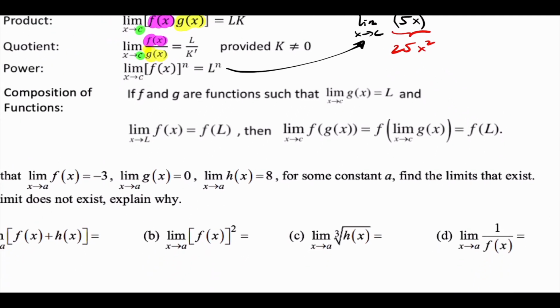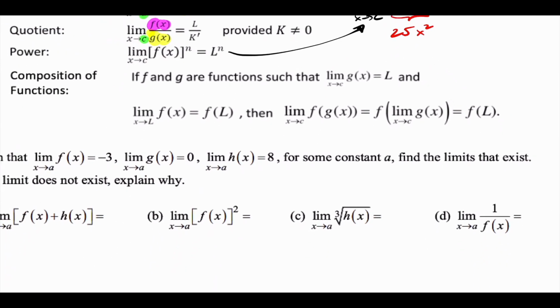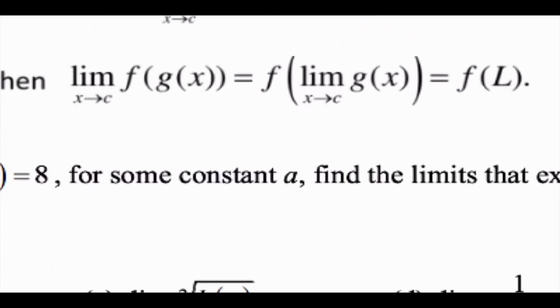Okay, so what it says is, when you have something like this, what you can do is say, okay, so first thing I'm going to do is I'm going to find the limit of G first. I'm going to find the limit as x approaches whatever for G. When I get an answer, I'm going to plug that in for f. So whatever answer I get, I'm going to plug it in there.